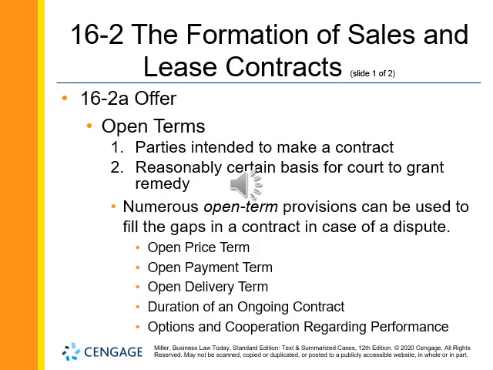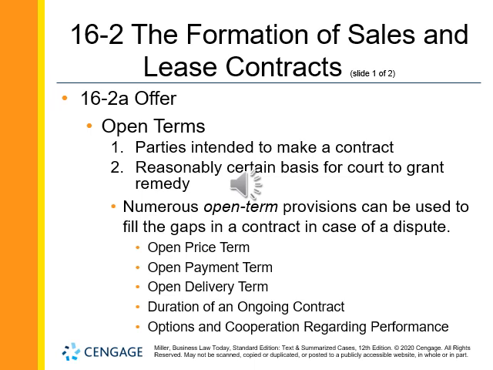I want you all to recall for a second the idea behind an agreement under the 4 required elements of a valid contract. What was required for an agreement? You had to have an offer and you had to have acceptance. What we're going to talk about right now in terms of the Uniform Commercial Code is offer.